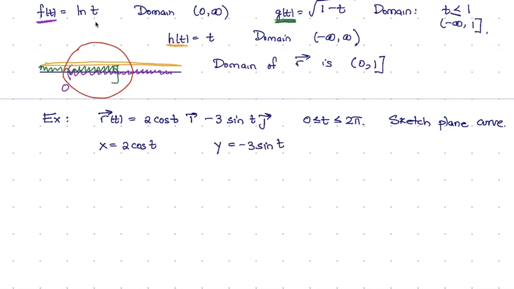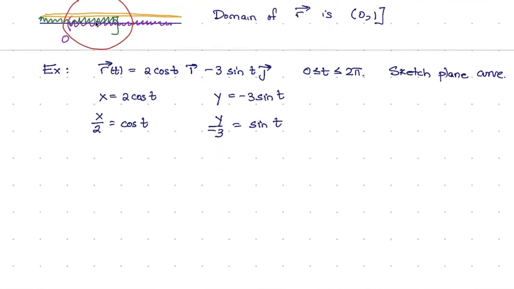As I said, it isn't clear what the function actually is. However, if we were to solve for the cosine and sine respectively, we would get that x over 2 is equal to the cosine of t, and y over negative 3 is equal to the sine of t. Squaring them, we would find that x squared over 4 is equal to the cosine squared of t, and y squared over 9 is equal to the sine squared of t.